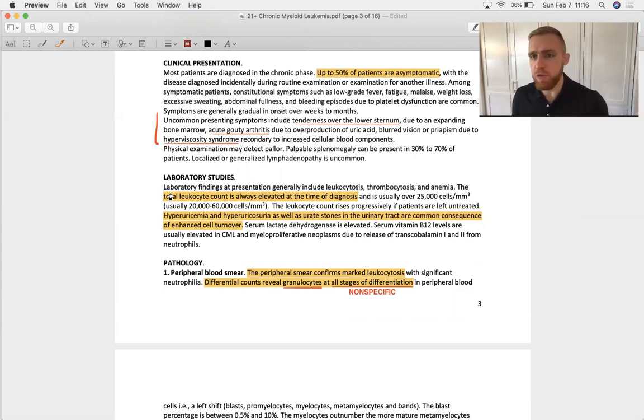Also, patients might present with a gouty arthritis, and gout, that's a purine excretion problem. And so you could be overproducing or underproducing or under excreting purines, right? And a purine is going to be any nucleoside with adenine or guanine, right? And so those get degraded down by this enzyme xanthine oxidase, correct?